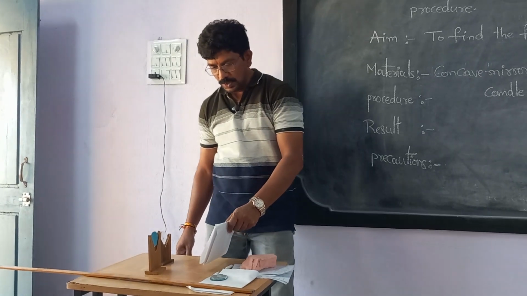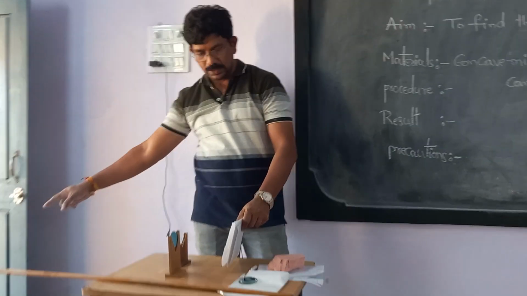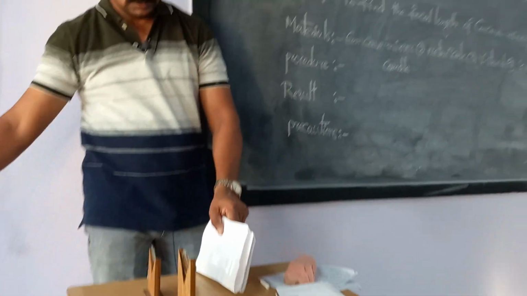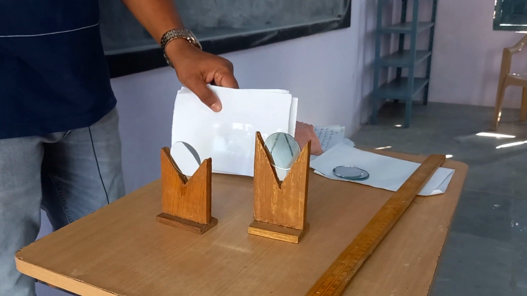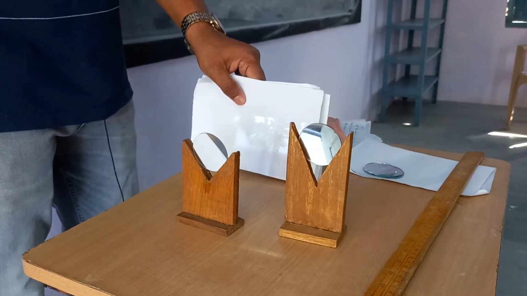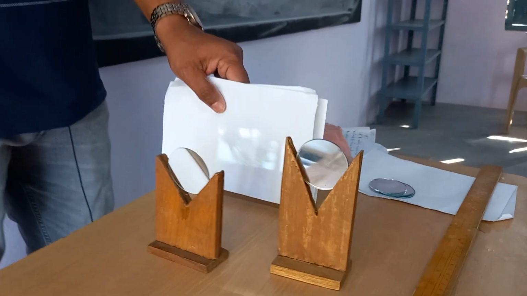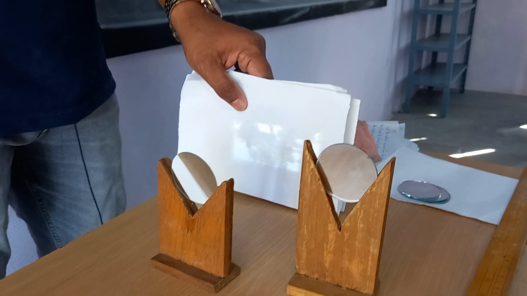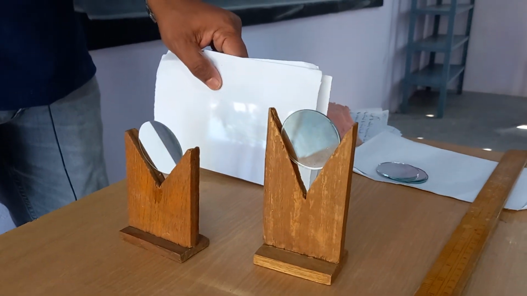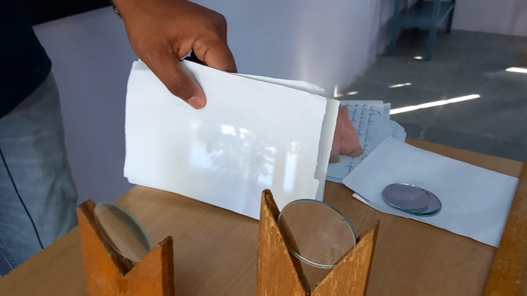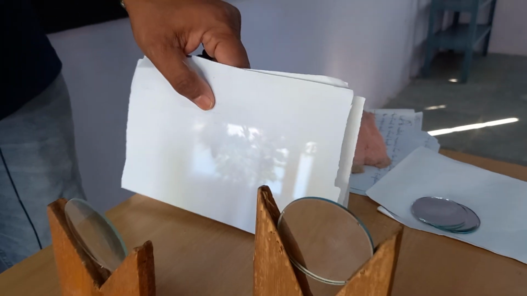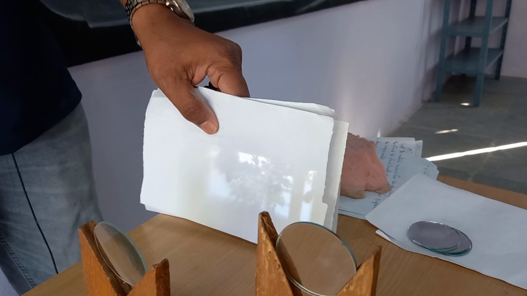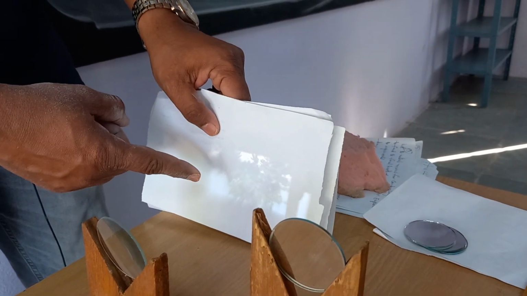Can you see the image of the tree? Is it sharp? Now it is sharp. So you have to adjust the position of the screen so that you can catch the sharp image on the screen.